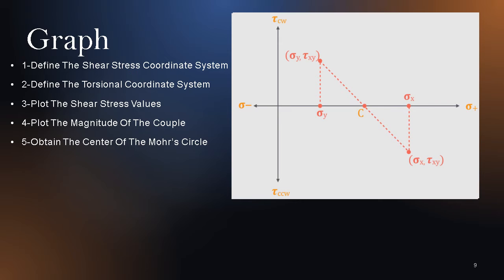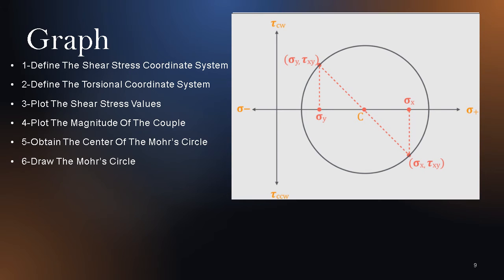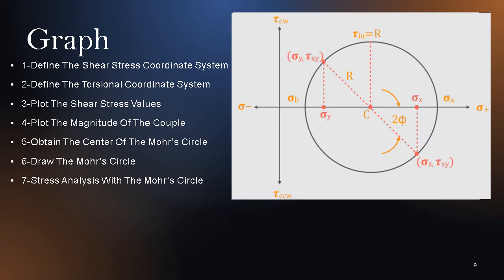The intersection of this straight line and the horizontal axis is the location of the center of the circle. Number 6 is draw the Mohr circle. And number 7 is stress analysis with the Mohr circle.